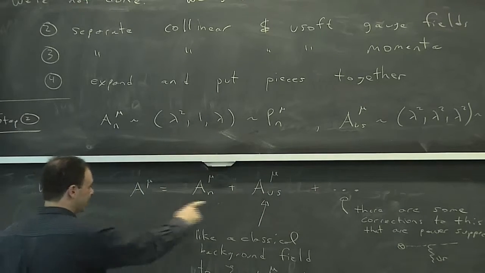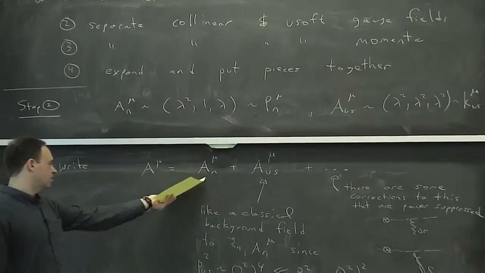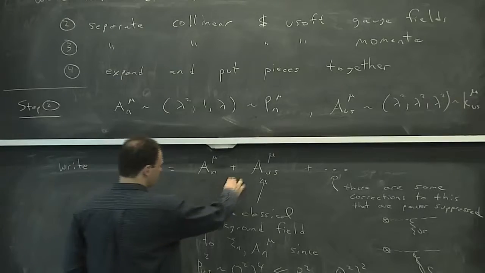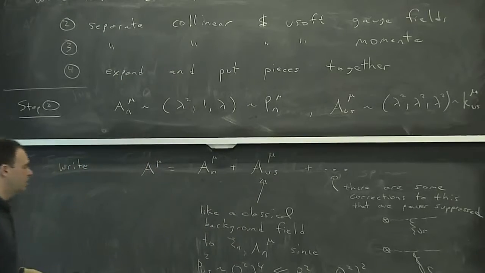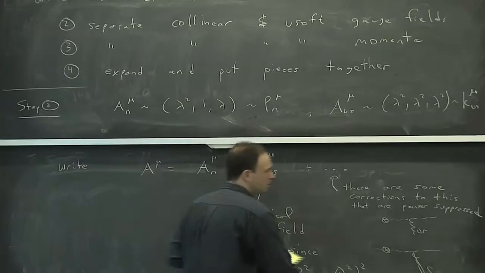OK, so that's saying that this guy is a much longer wavelength mode than these short distance modes. So we can think of this as a slowly varying classical background, and that's one way of thinking about this formula, and we'll exploit that a little bit later on as well.